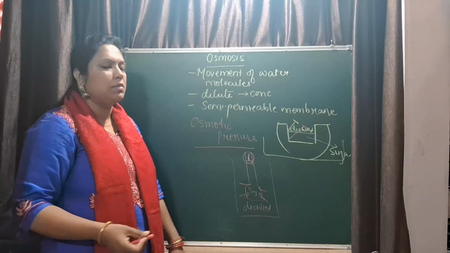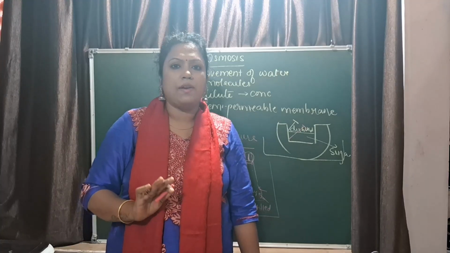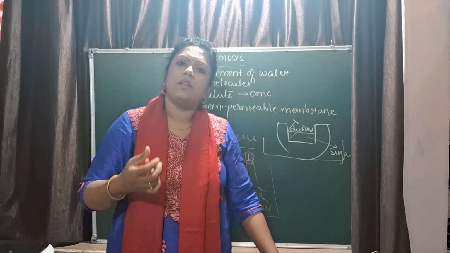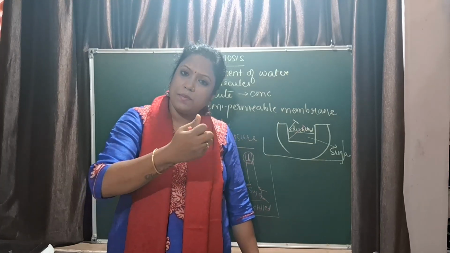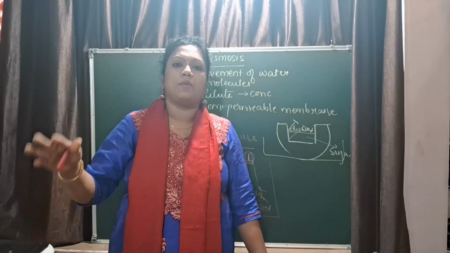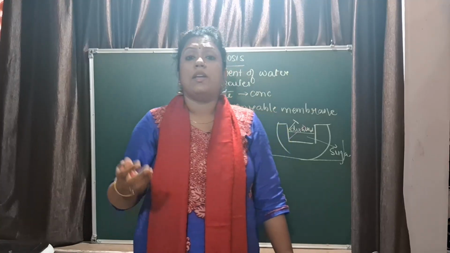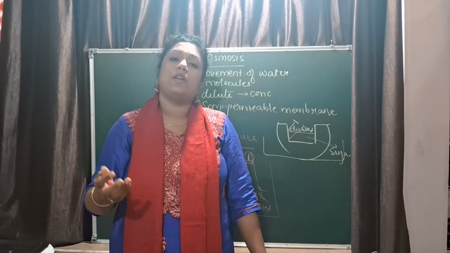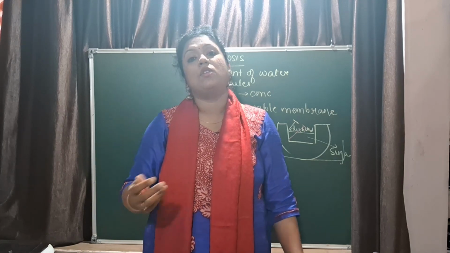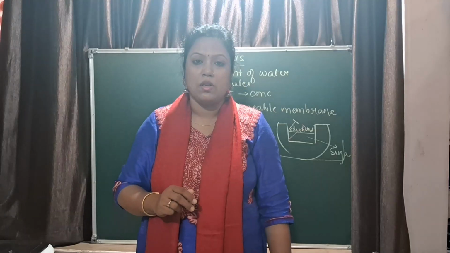Now, there are a few terms like flaccidity, plasmolysis and turgidity. You need to define these terms. Flaccidity is when the cytoplasm has completely retracted from the cell wall because of the loss of water, because the cell is placed in a hypertonic solution. Turgidity is when you have a completely distended cell, that is, the cell is completely tight because of the influx of water, because it is placed in a hypotonic solution.